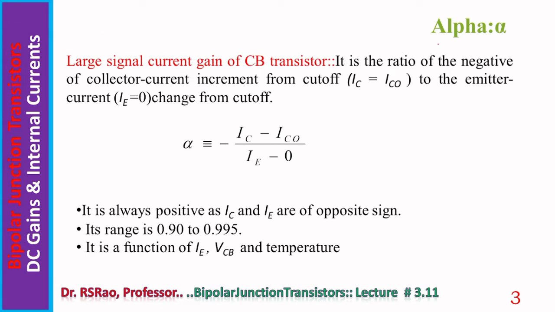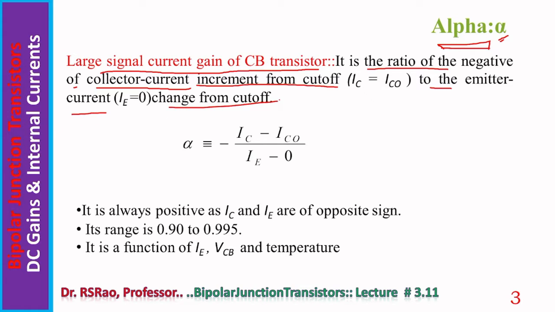Now we go a little bit deeper into alpha. The actual name of alpha is large signal current gain of CB transistor. As it is too long for comfortable use, usually it is called simply alpha. What is it? The definition is, it is the ratio of negative of collector current increment from cutoff to emitter current change from cutoff.